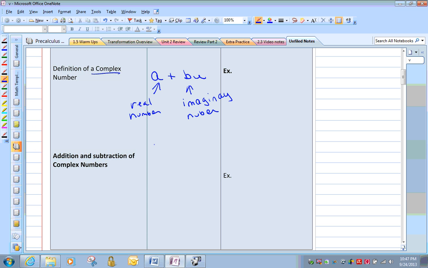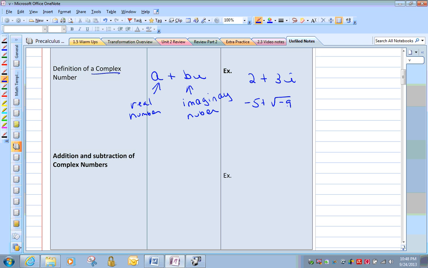Anyway, let's take a look at a couple of examples of what they might look like. So, for example, you might have 2 plus 3i. That would be an example of a complex number. Let's take a situation where we have -5 plus the square root of -9.